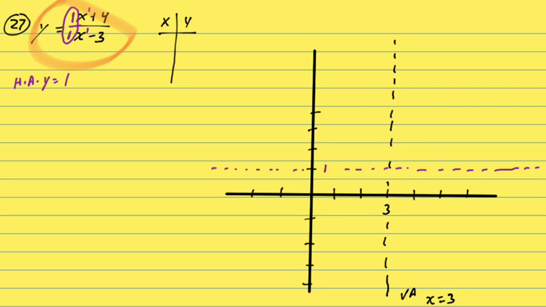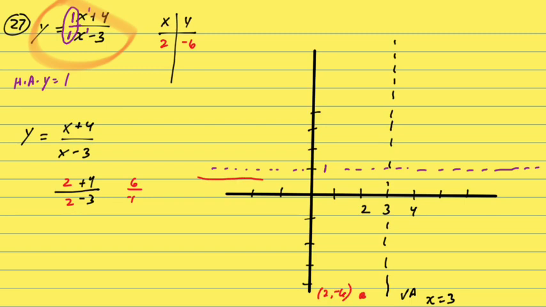Anyway, we have y equals x plus 4 over x minus 3. Let's choose a value to the left of 3 and to the right of 3. If I put in a 2, what do I get? I get 6 over negative 1, so I think 2 gives me a negative 6. Does that make sense? 2 gives me a negative 6, which is way down here.